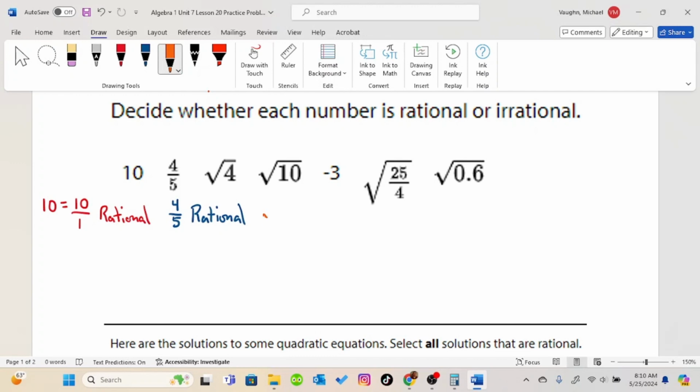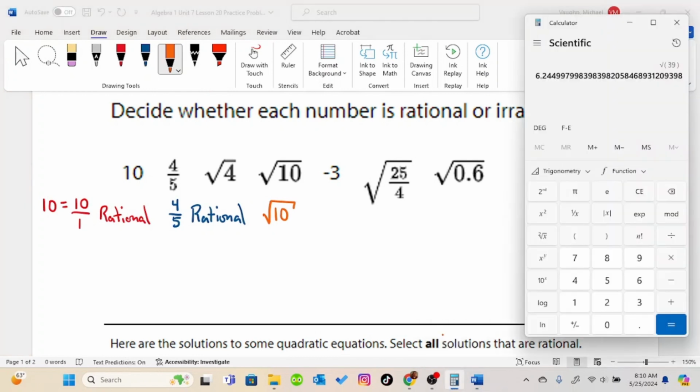The next one is square root of 10. Now, a way to tell whether this is rational or not is to throw it in a calculator. Notice that the answer we get takes up every spot the calculator allows us to have. It never enters a repeating pattern.